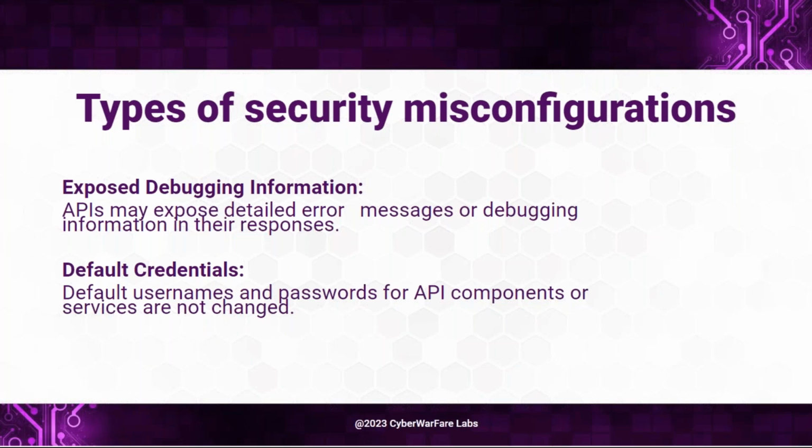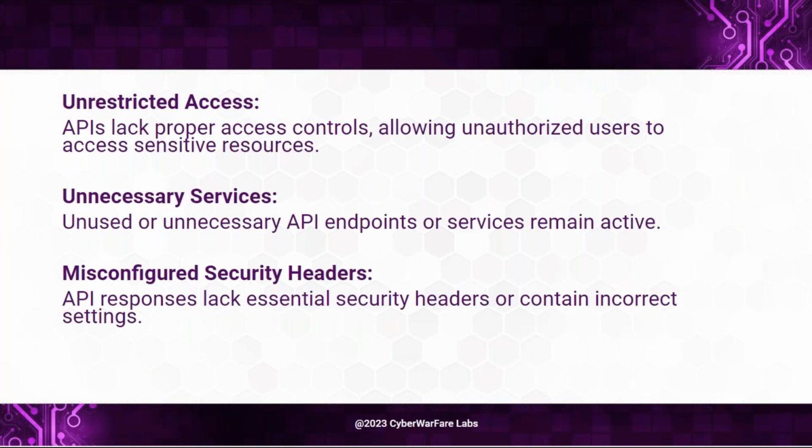Using default credentials for API components or services, and also not using restricted access, leads to unauthorized users accessing sensitive data and resources. Unnecessary services not turned off: unused or unnecessary endpoints or services remain active.